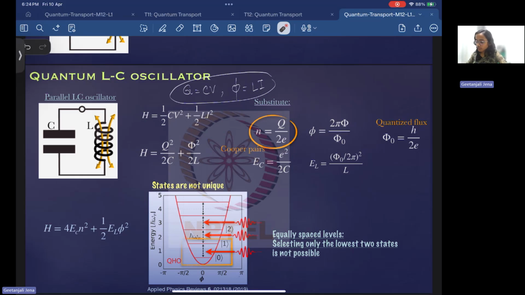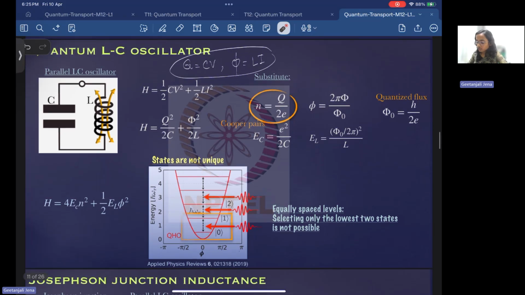We can also take a parameter phi, which is 2 pi phi by phi 0. Phi is the flux and phi 0 is the quantum of flux, which is quantized flux, h by 2e.